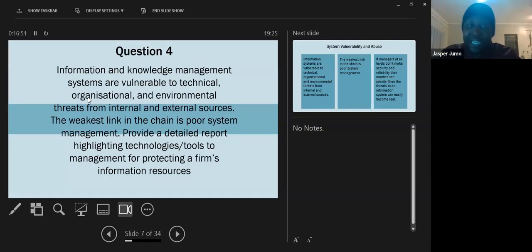The threats can be technical, organizational or environmental, and they can come from internal sources. If a person is angry with the company, they can leak some documents, right?